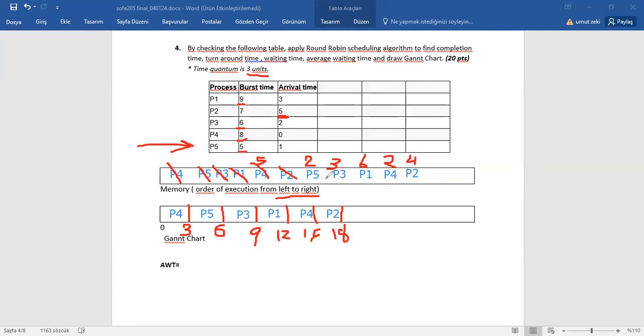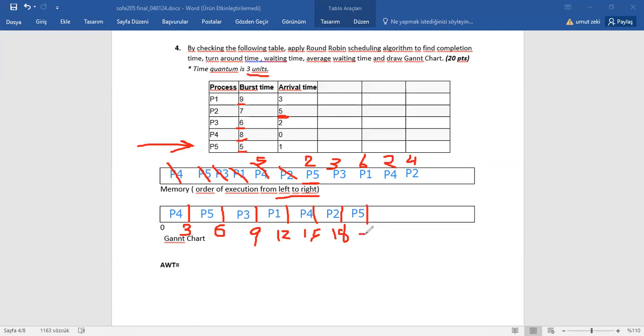Okay, we are close to finishing. Now I will execute P5. P5 has 2 nanoseconds remaining, so I can't make it 3 nanoseconds. Because it is less than 3, for P5 I will execute it only 2 nanoseconds.